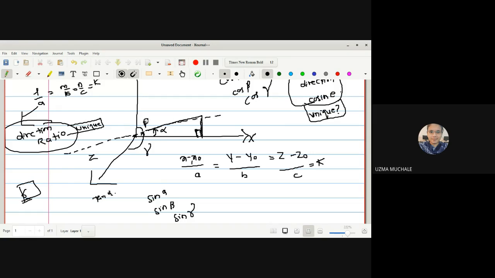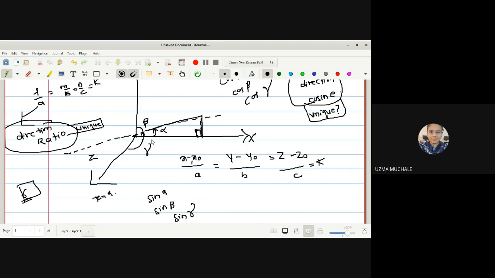Have you understood this? Okay. So with the help of cos alpha, cos beta and cos gamma, we are going to find out the values of x, y and z. That means we are finding the exact value of x, because this line is making some angle alpha with the positive direction of the x-axis, but here we have found the exact value with the help of cos alpha, and then cos beta and cos gamma.